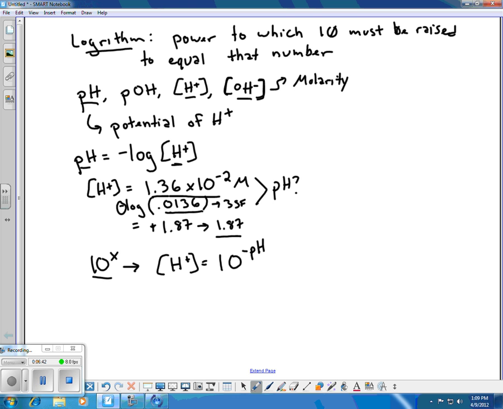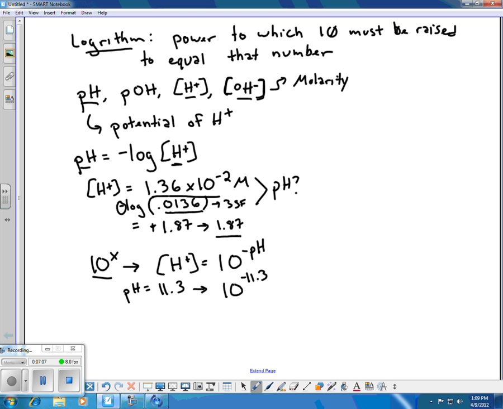So again, let's look at an example. If I gave you a solution that had a pH of, let's make this basic, so let's do 11.3, and I said, okay, find the H plus value. You would plug it into your calculator as 10 to the negative 11.3, and you're not going to stop there. You're actually going to find me the answer.